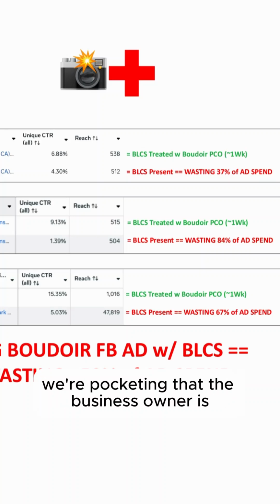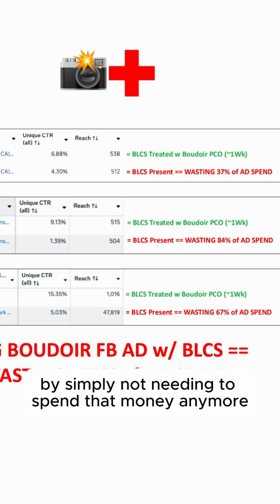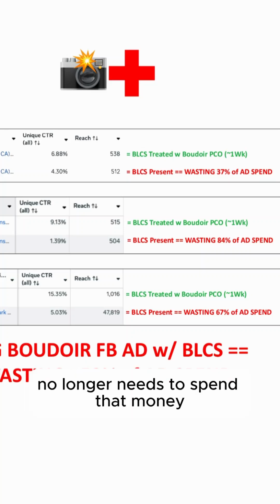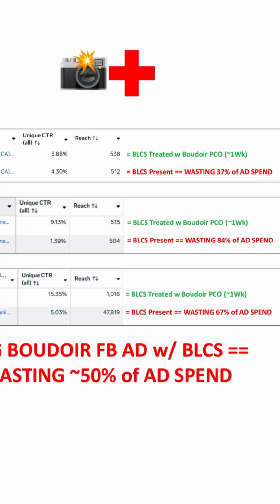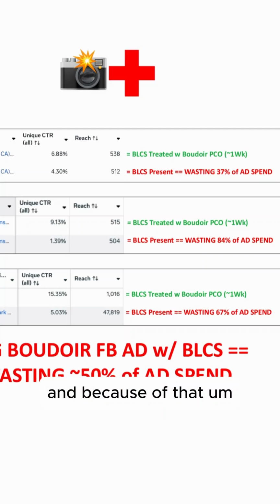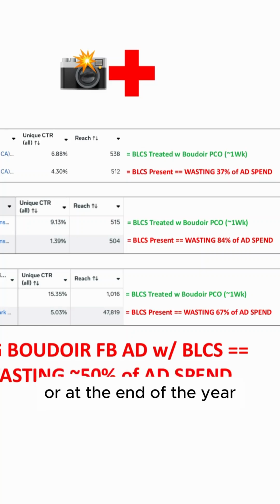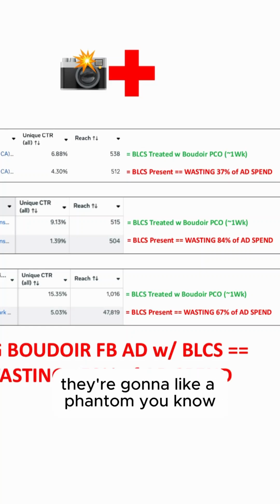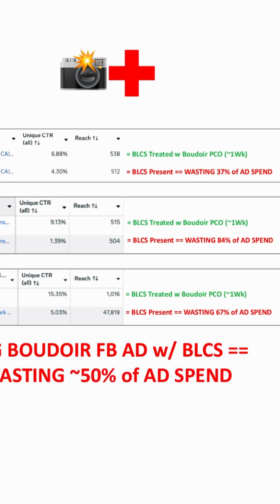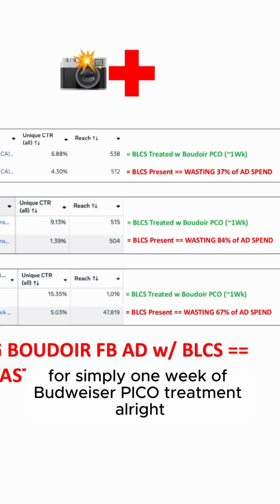The business owner is pocketing that by simply not needing to spend that money anymore. And because of that, they kind of get a phantom bonus every month, or at the end of 12 months, they're getting like a phantom $40,000 bonus. But it was simply 1 week of Boudoir Pico treatment.